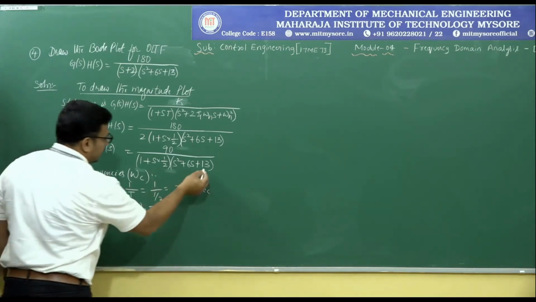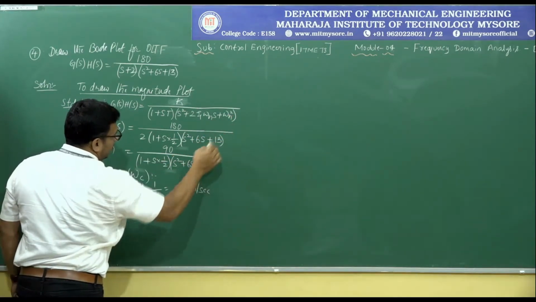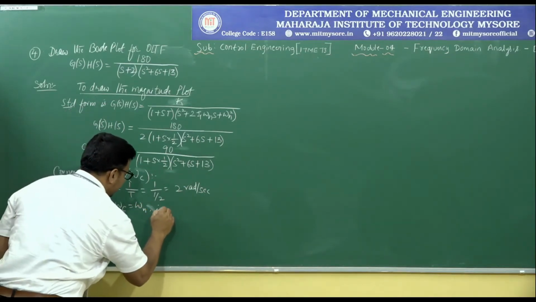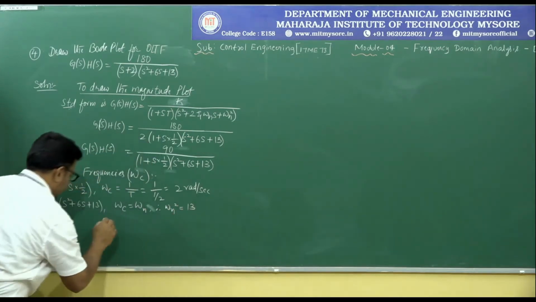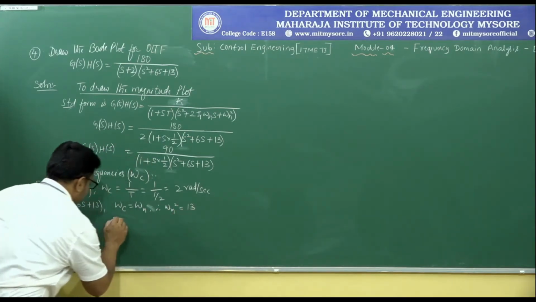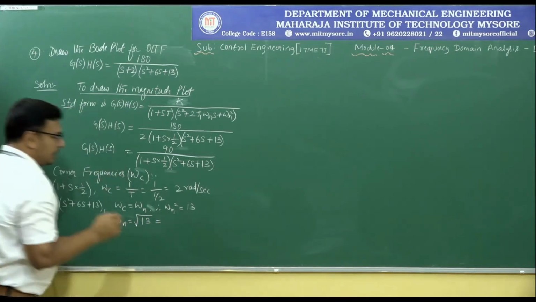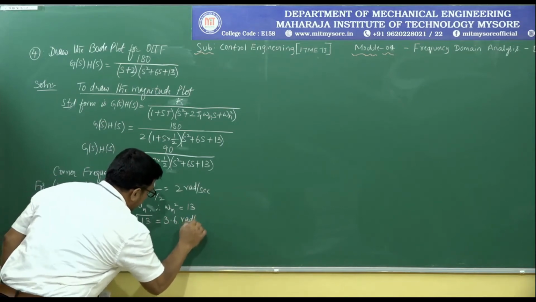If you compare this factor with the standard one, omega n square is equal to 13. So, omega n is equal to root of 13.